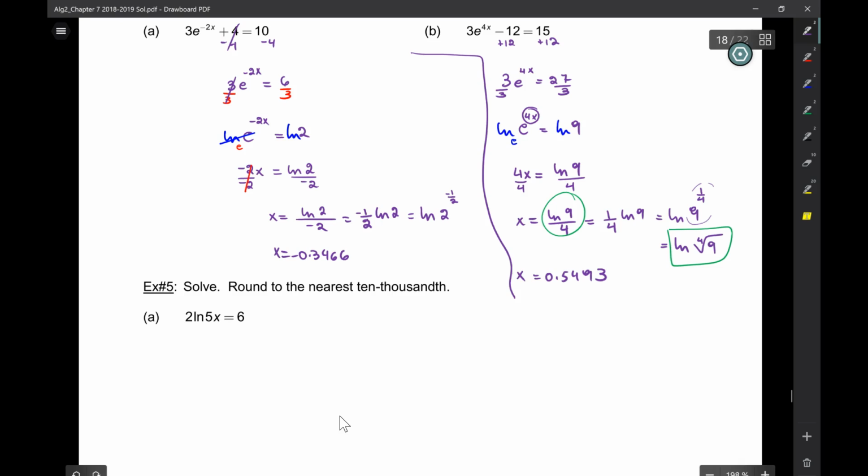How else can I write that? ln of 1 over 2 to the half. You see that? So you could take one and go further and further and further.